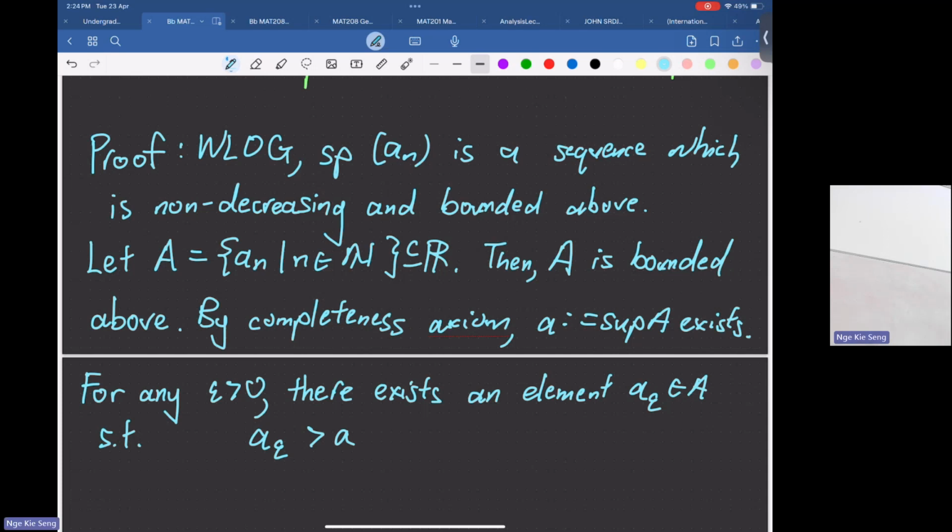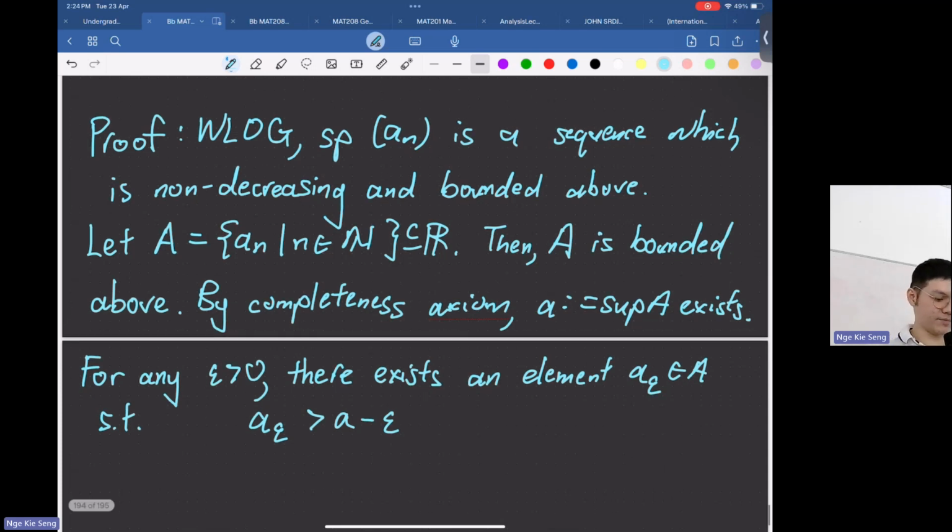So if you go a bit away from A, I can find something in my set greater than A minus epsilon.